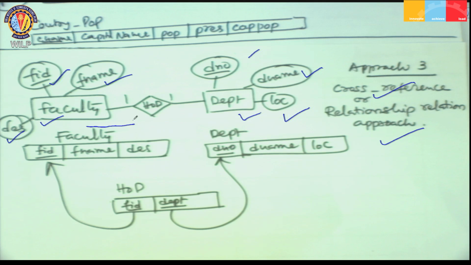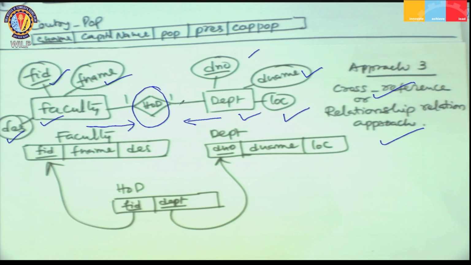The relationship is going to be HOD. That is, every faculty can become HOD of only one department, and every department will have at least one faculty, and it will have only one faculty as the HOD. And then further, not all faculty members are HODs, and some departments may not have HODs.